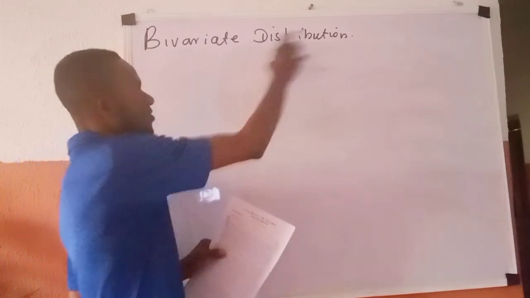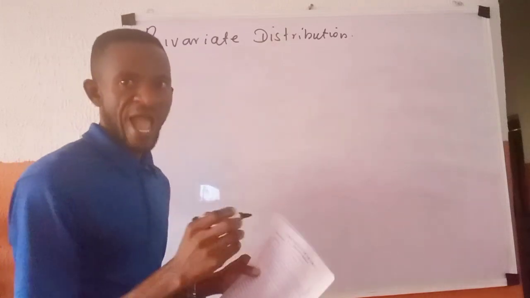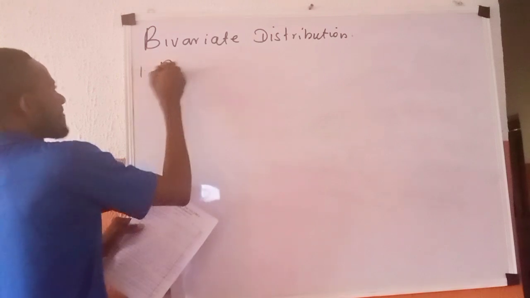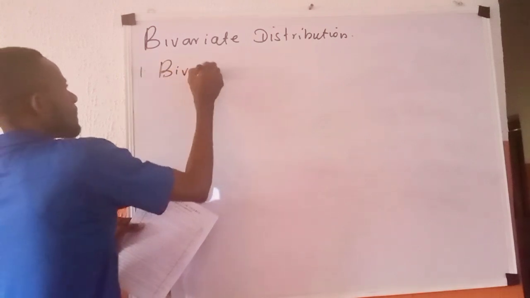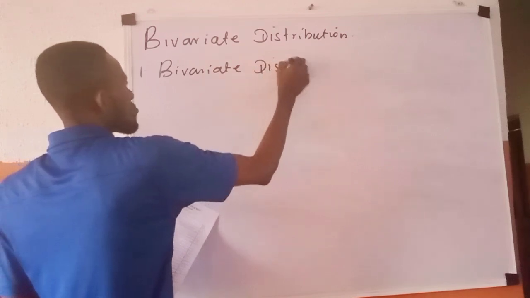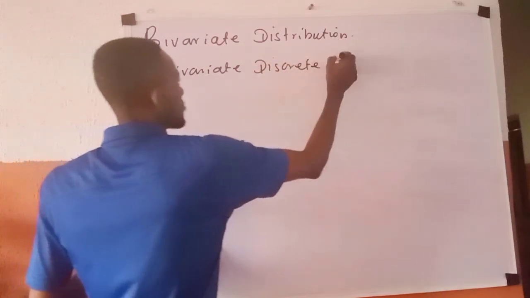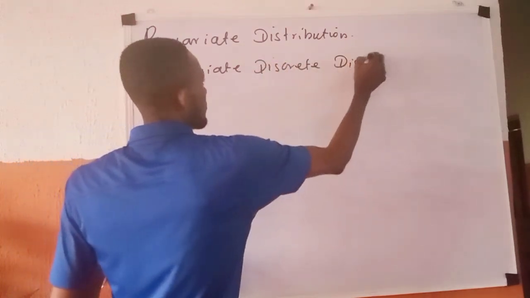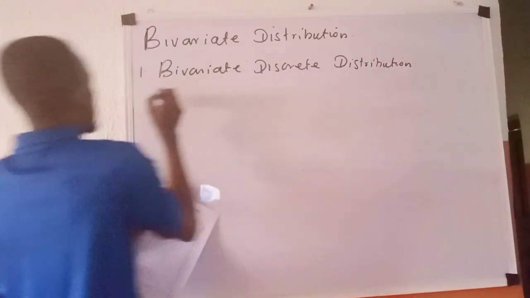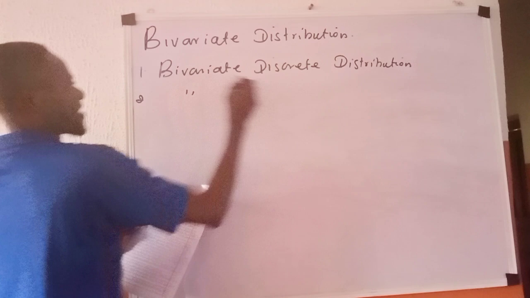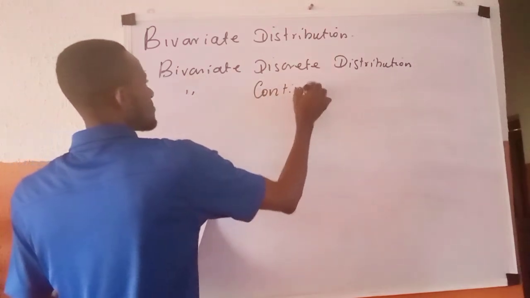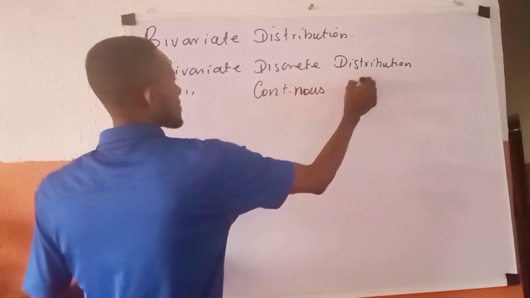So the two forms are: one, bivariate discrete distribution, and number two, bivariate continuous distribution.